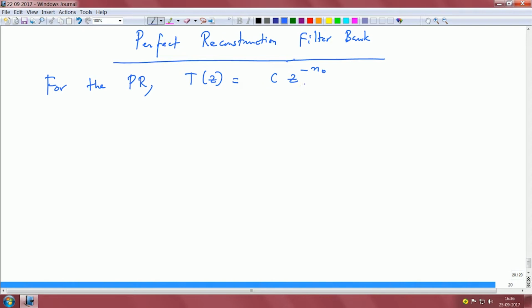Perfect, and the ideal case is when n0 equals 0 and C equals 1, that is an ideal situation. A less ideal situation would be to have some gain and some delay, because you can compensate. So, this implies that x hat of n is basically some delayed version of the input.